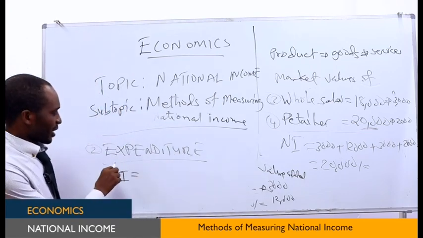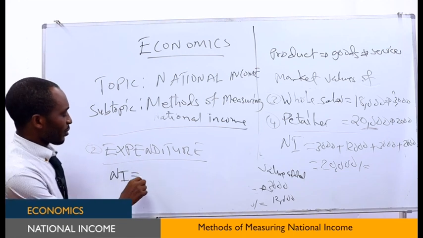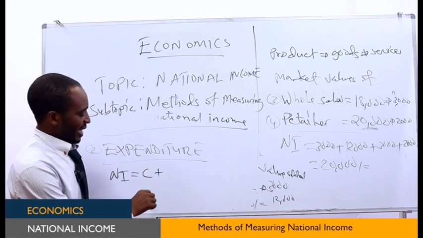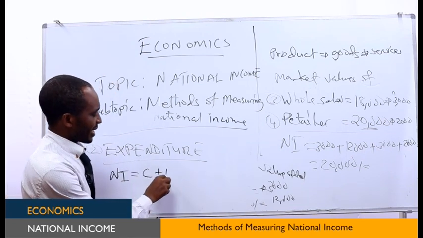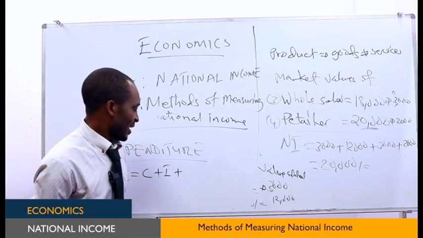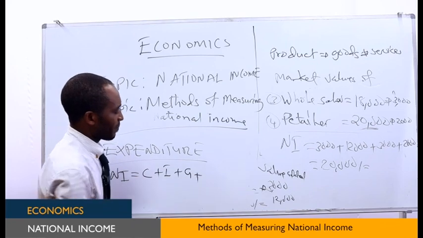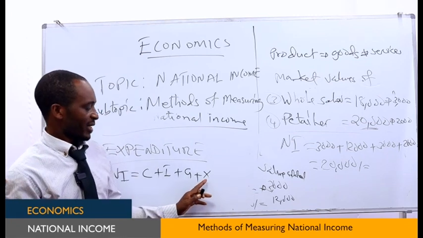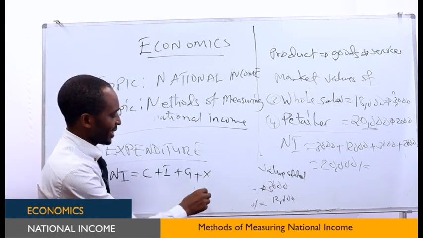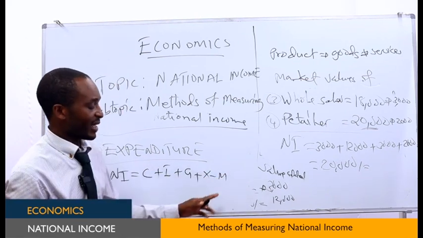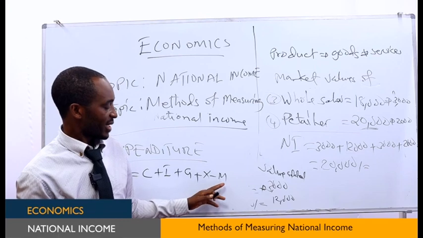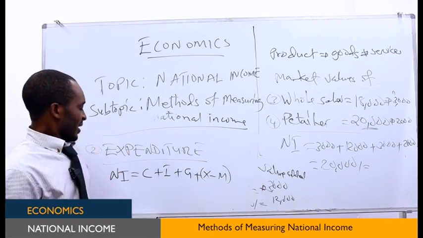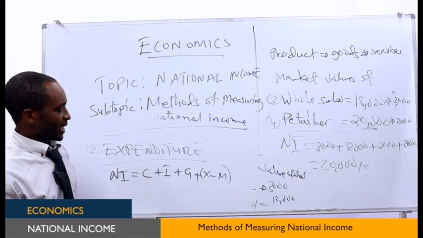So when you are asked to calculate the national income by the expenditure method, you take the consumption or expenditure of households, which is C, plus the expenditure of private investment, which is I, plus government spending, G, plus X, which is the goods foreigners buy from our country, minus M, which is the imports, that is the goods and services we import from other countries. So the national income using the expenditure method will be like this.